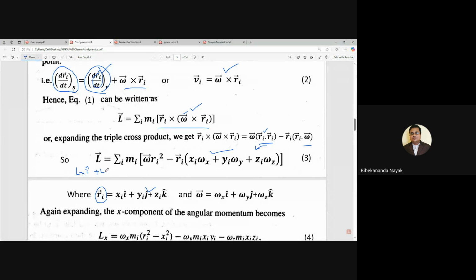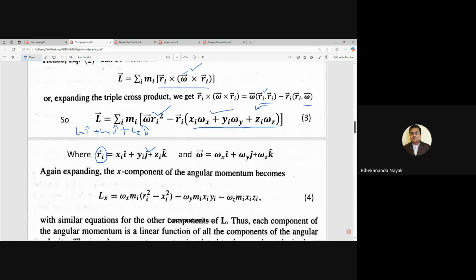Now compare the coefficient of i cap: whatever is multiplied with i cap on the left-hand side must be equal to the term multiplied with i cap on the right-hand side. So Lx must be equal to the sum of mi times omega x Ri square minus xi times this term.